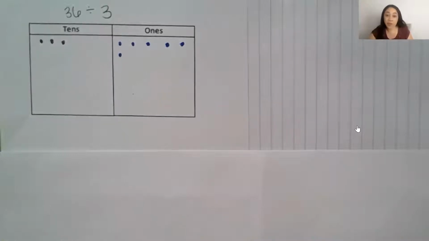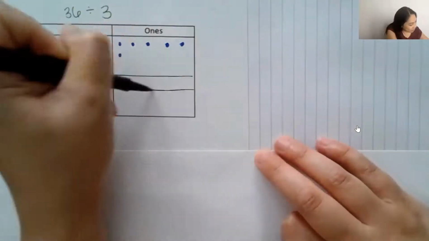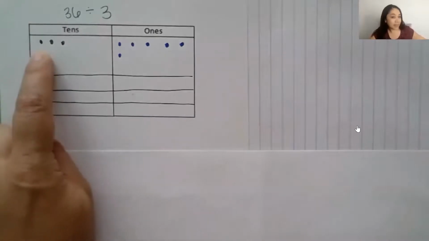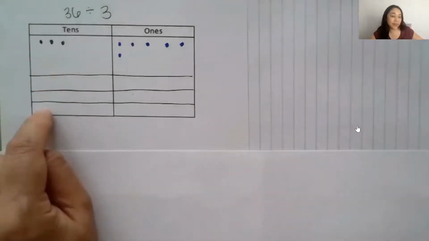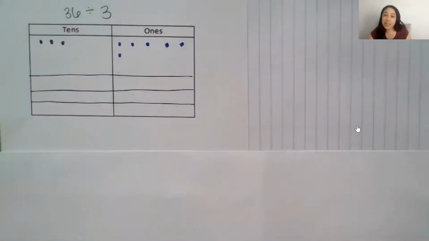Let's now make room for 3 groups below. We're going to start dividing with the largest unit. What is the largest unit? The tens. 3 tens divided by 3 is 1 ten. Let's distribute the 3 tens and cross them off to show they are now divided equally into the 3 groups.